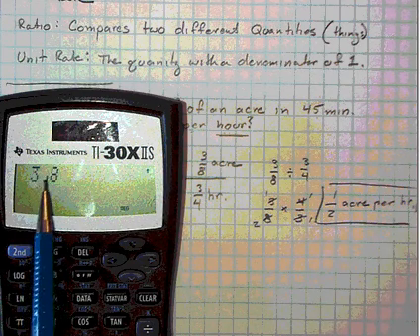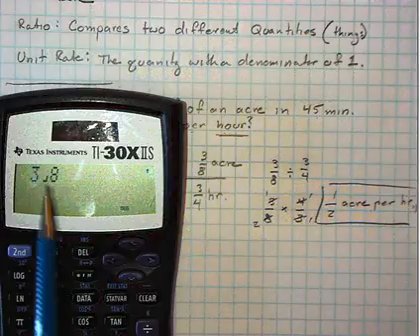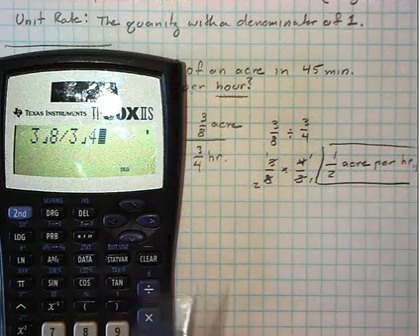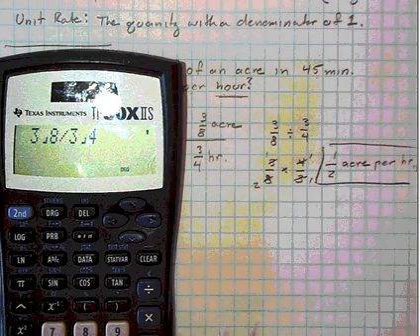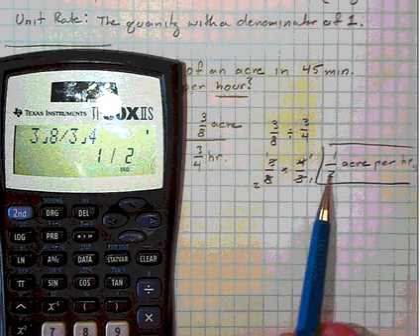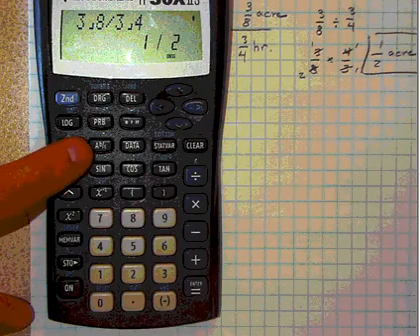That little symbol there in between the 3 and the 8 is showing that it is a fraction sign, so I'm going to do 3 over 8, and then I'm going to do divided by 3 ABC 4. So that's 3 eighths divided by 3 fourths. Then I'm going to hit equals, and that gives us 1/2, which is exactly what we found. The ABC button is that one right there below probability. Yeah, AB.